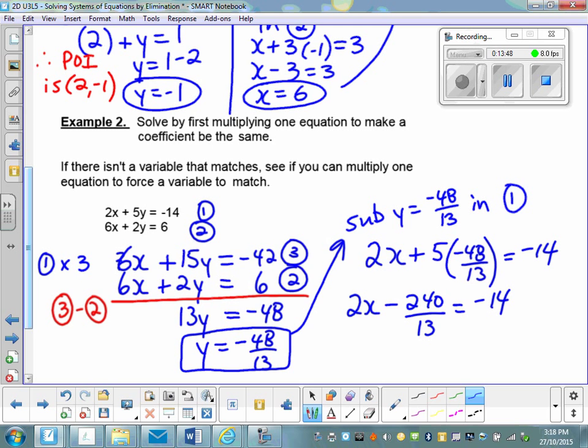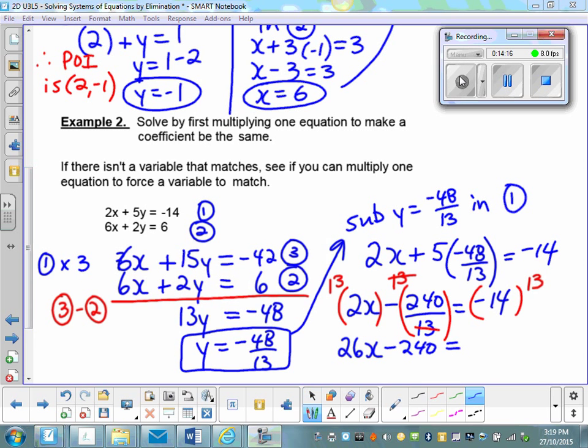And then I really don't want that fraction around, so I'm going to multiply each term by 13 to get rid of that fraction. So we get rid of the 13s here, and then I have 26x minus 240 equals, and -14 times 13 is going to be -182.